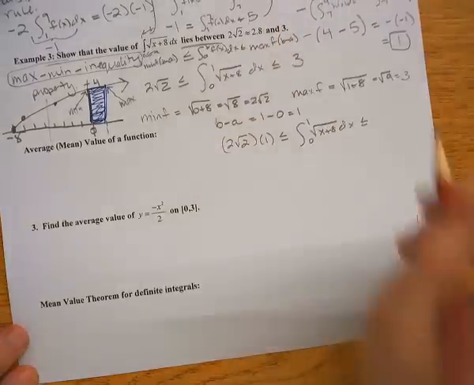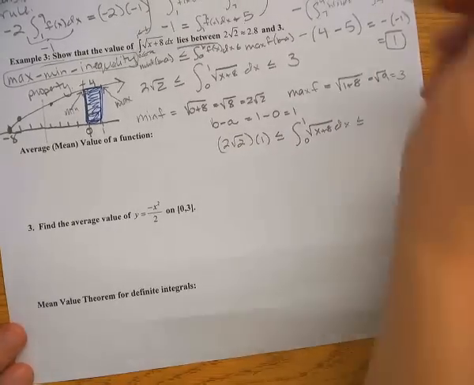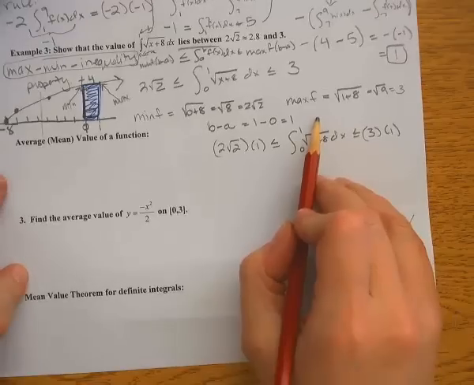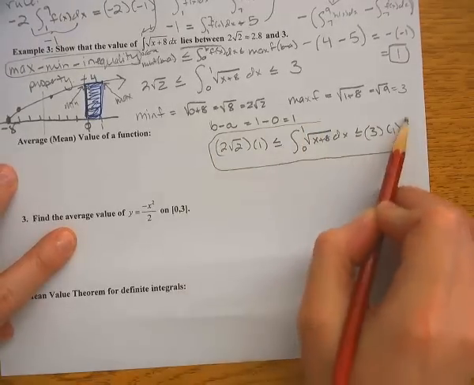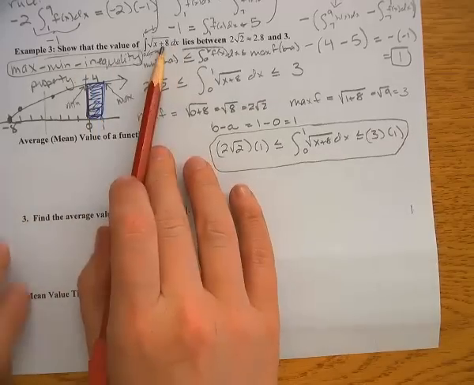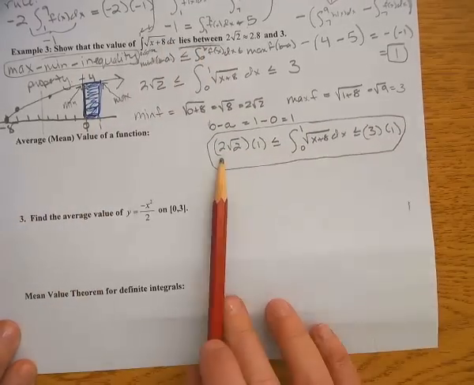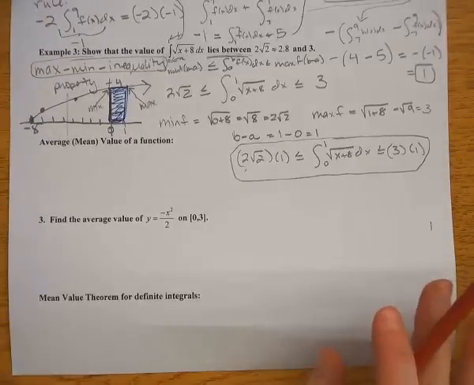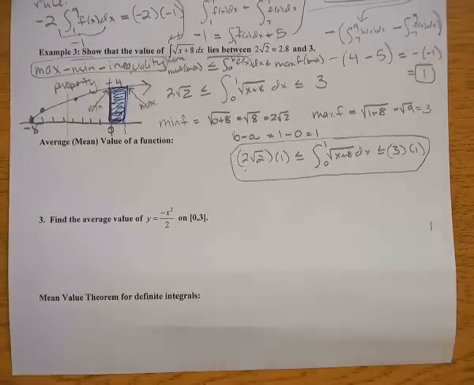And that's less than or equal to the maximum value of f, which was 3, times b minus a, which is 1. And so I have effectively shown that the area under this curve lies between 2 rad 2 and 3.